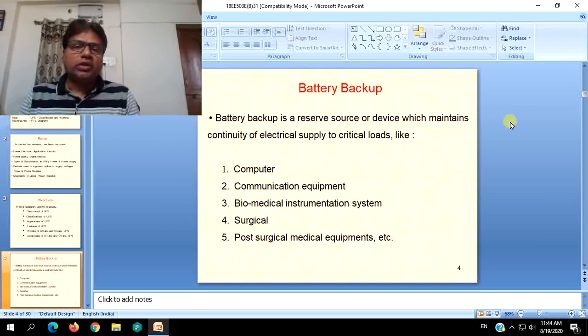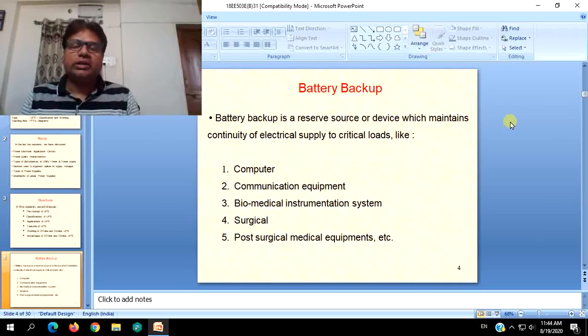Means you cannot have a separate supply which is coming from the utility, and the only means where you can have your own supply source is a battery which is DC. So for that purpose it is called simply battery backup.